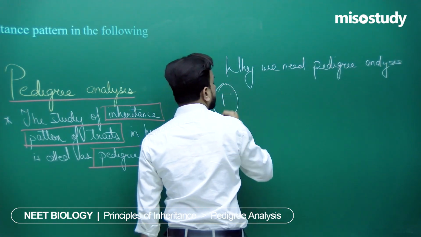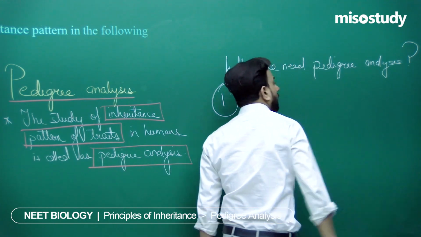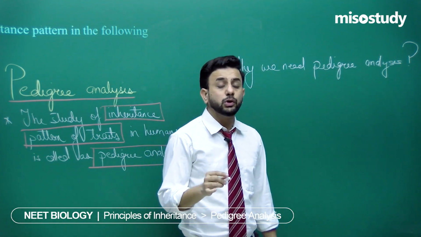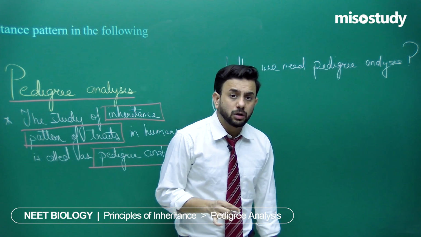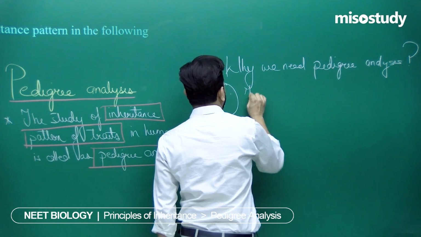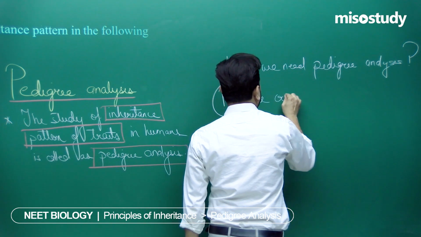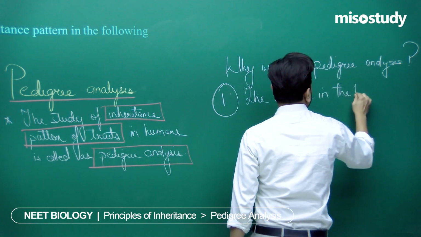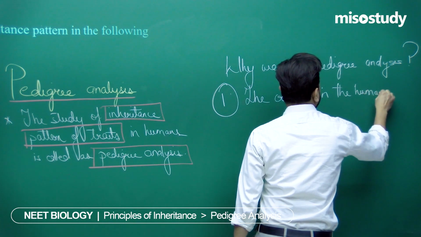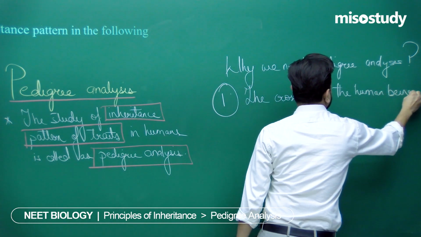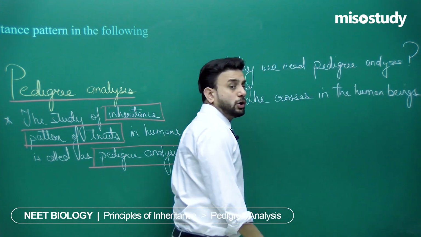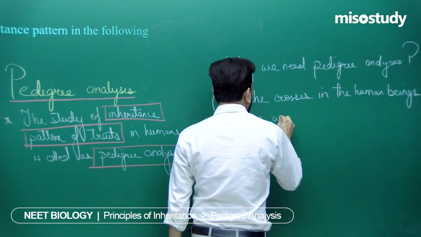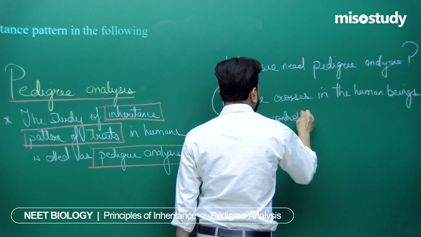The first reason: the crosses in human beings are controlled.